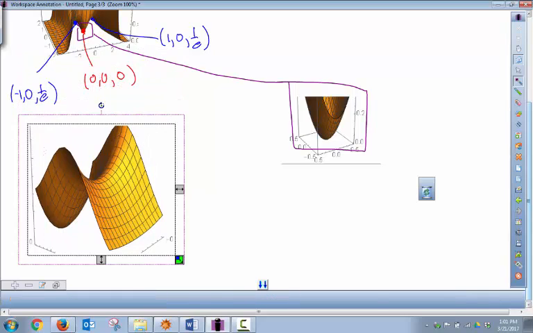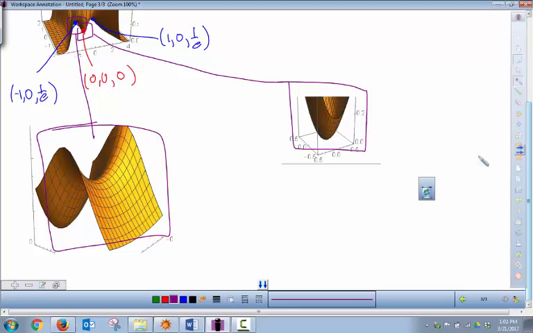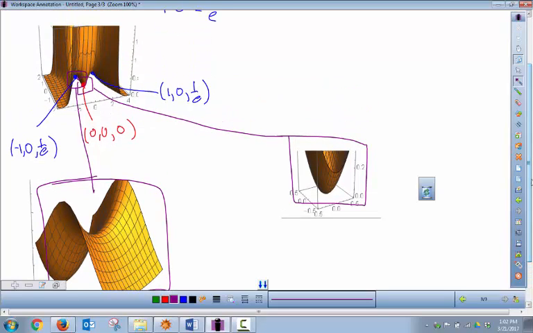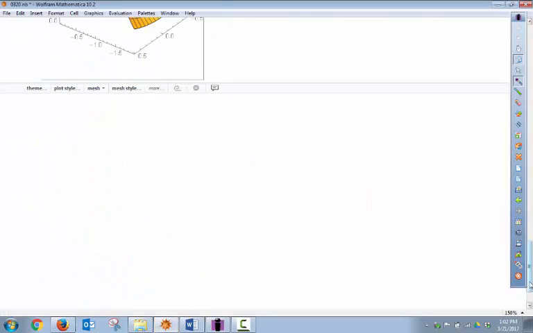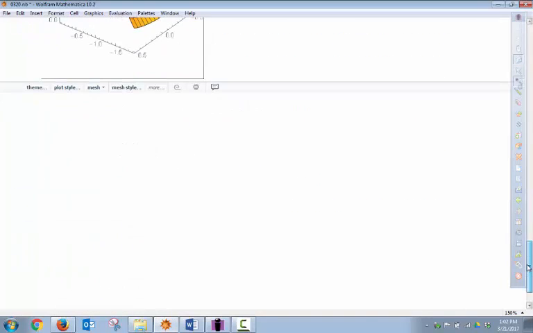So if we imagine we're zooming in here, this is a saddle that we see, and then we'll see the same thing on the other side, so why don't we just pretend we took a picture of that also.